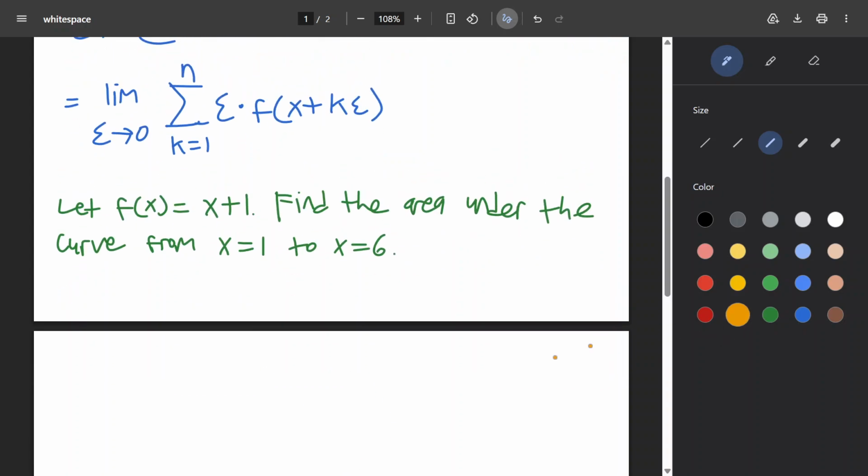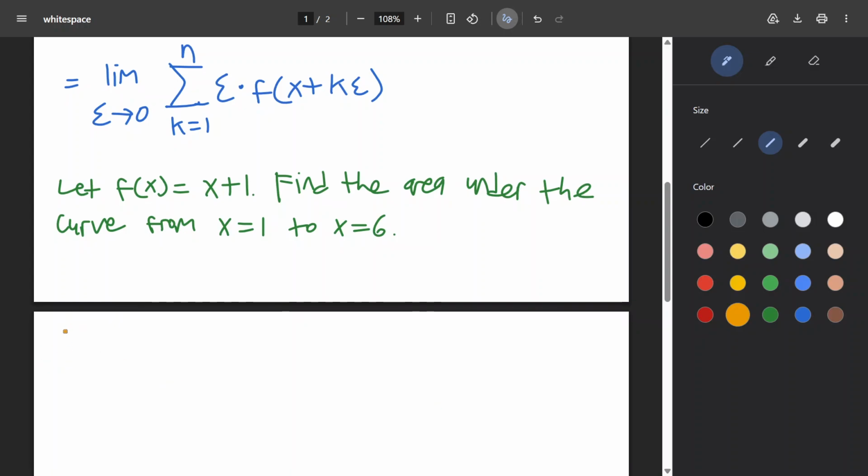Let's apply our definition. So we defined area as the limit as epsilon approaches 0 of the summation from k equals 1 to n of epsilon times... Now here's the thing. We said in our generalized formula that the height is f of x plus k epsilon.